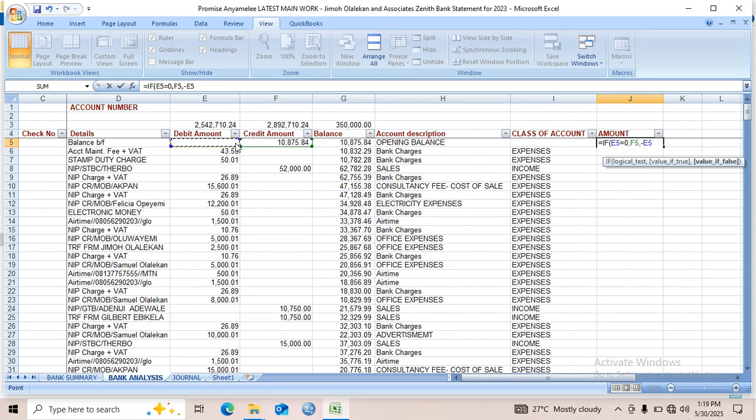That is how you get that part using this formula, and you press enter. You see, this amount now is showing us, and this is the credit amount. So in order to have the remaining other figures there, because this one is 10,875.